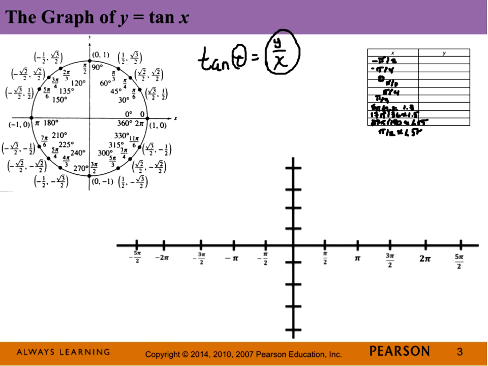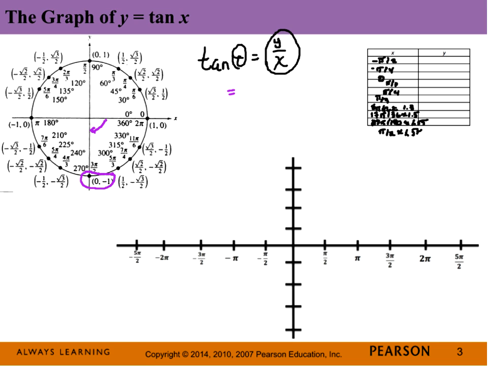If I look at negative pi over 2, I'm talking about 3 pi over 2 if I went in a positive direction around the unit circle, but here I went negative pi over 2 and landed at the point (0, negative 1).